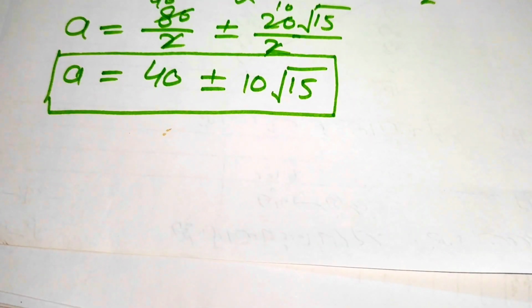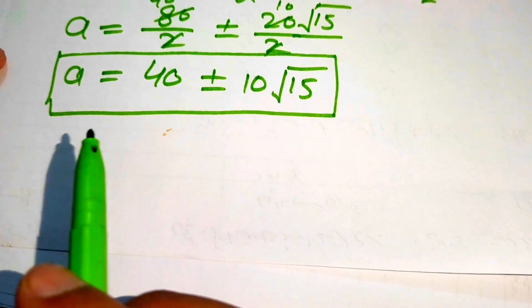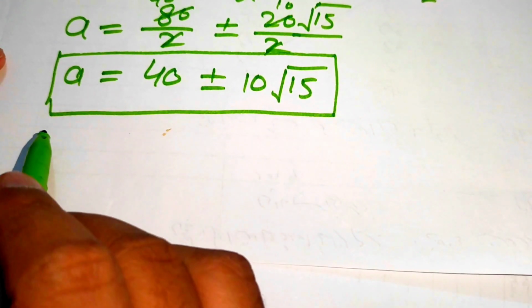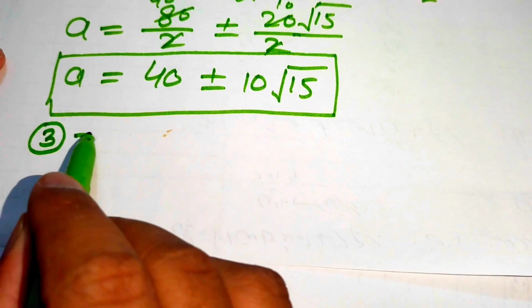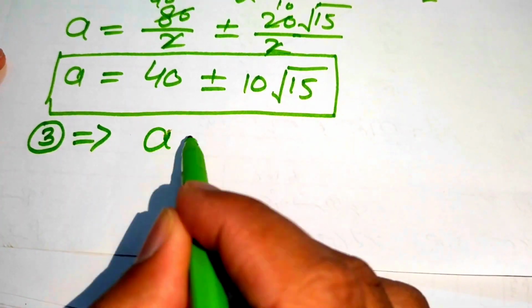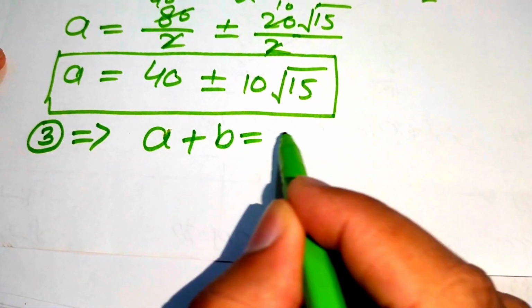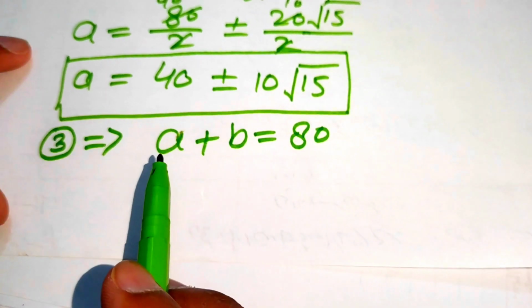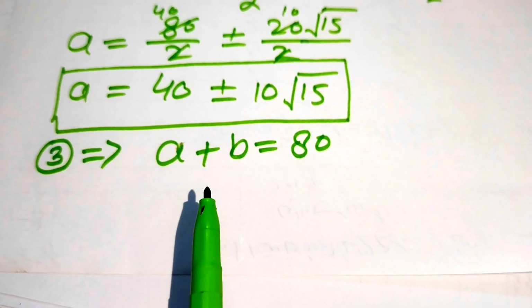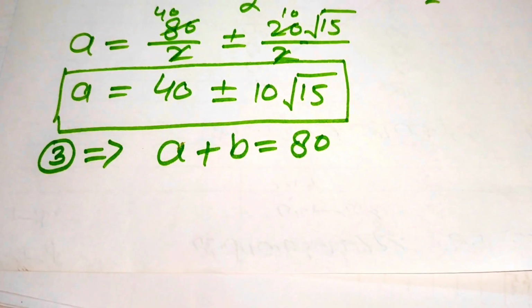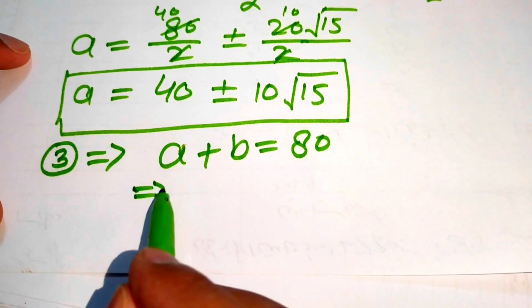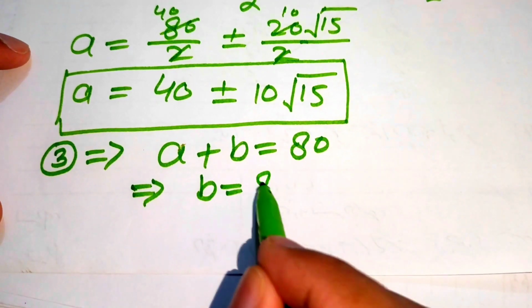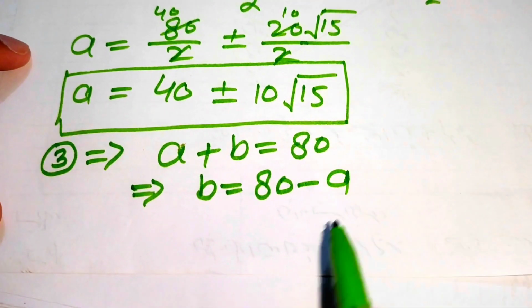And now we find the value of b. In order to find the value of b, we need equation number 3. First we copy down equation number 3, which is a plus b equals 80. Because we are finding the value of b, we move a to the right hand side, so it becomes b equals 80 minus a.